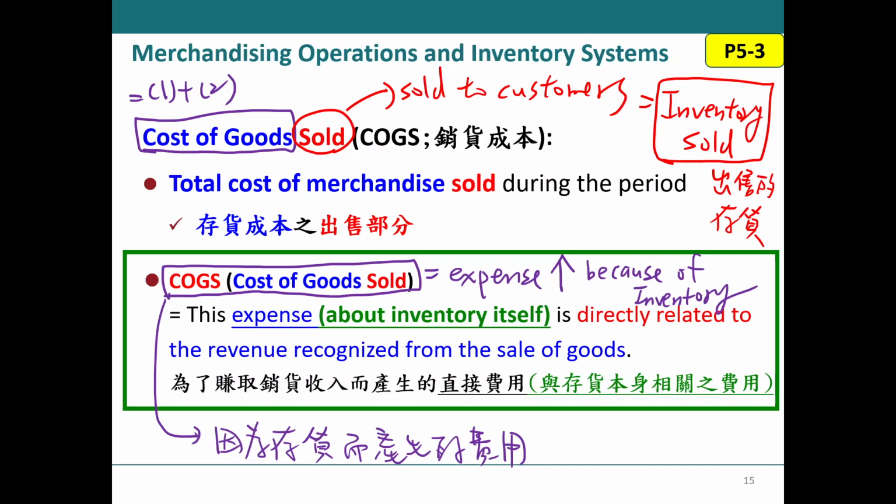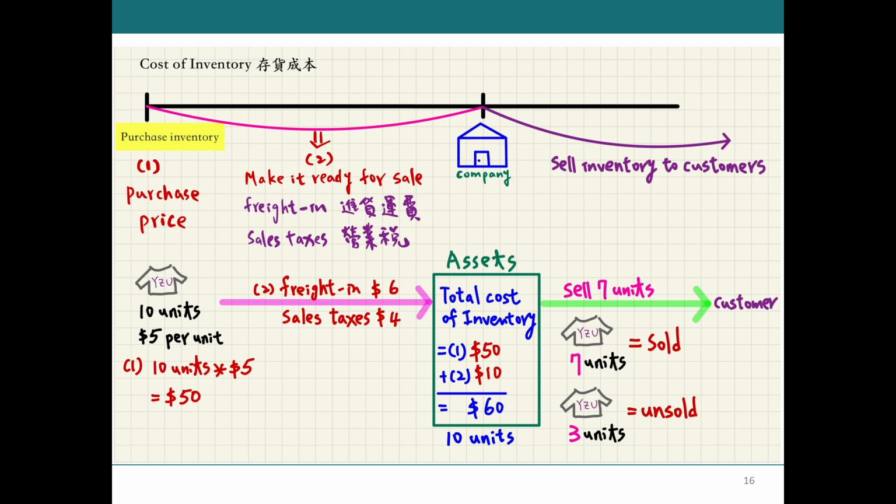Okay? So how to get that? How to determine our cost of goods sold, 销货成本, our expenses incurred because of your inventory. For example, let's go back to our case. Before, I spent $50 to buy 10 t-shirts, right?